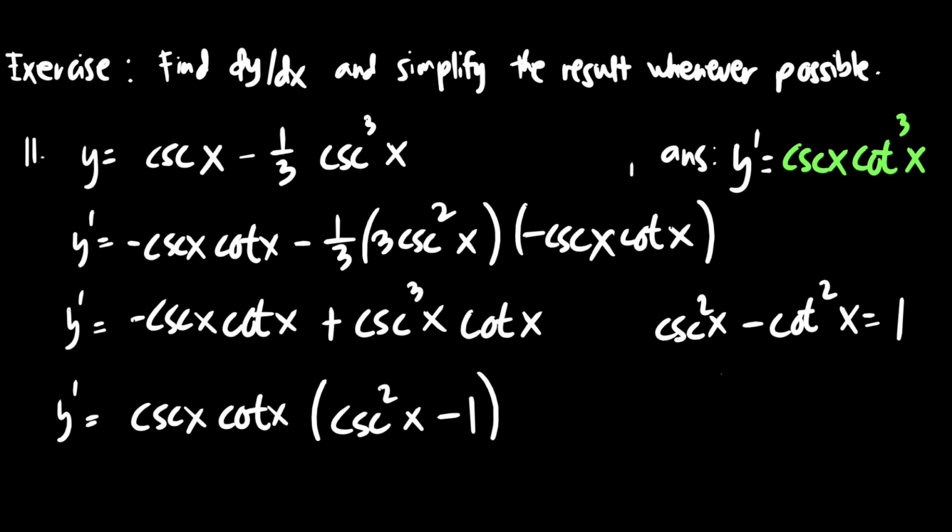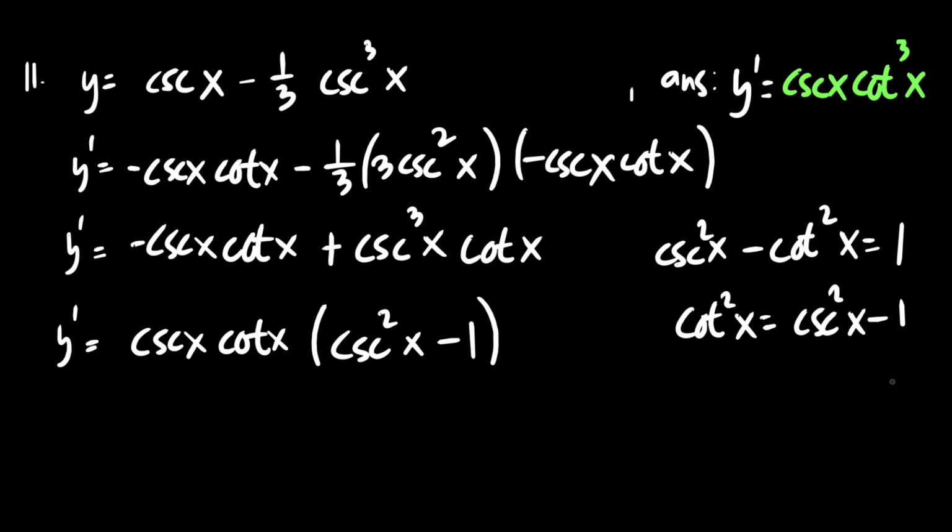So cotangent squared x is equal to cosecant squared x minus 1, right? So we will substitute that identity.